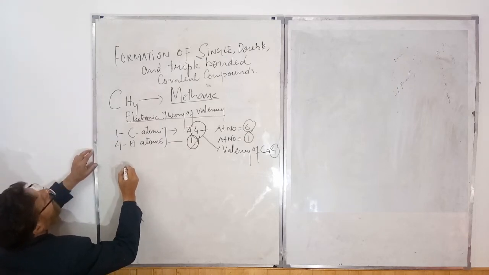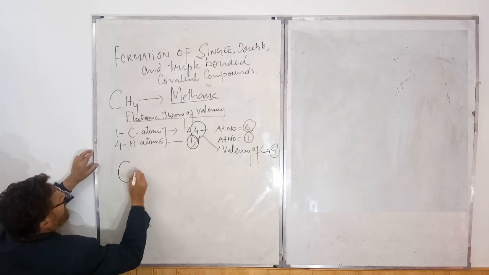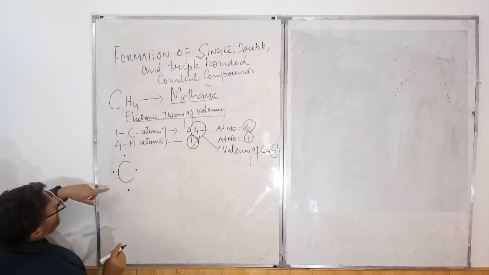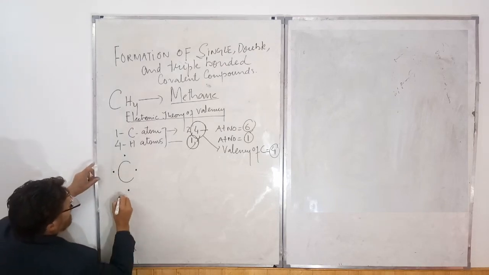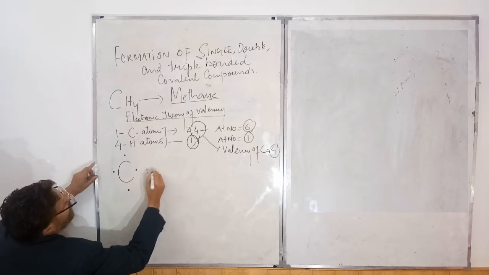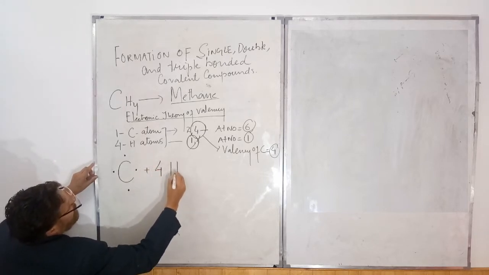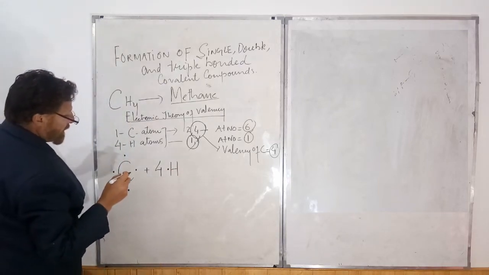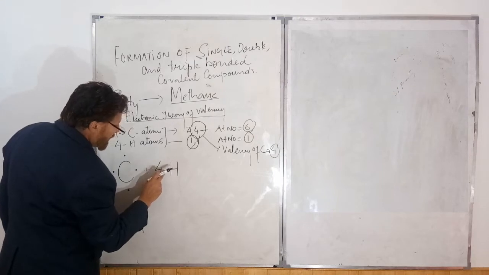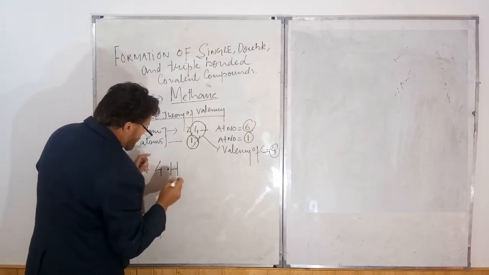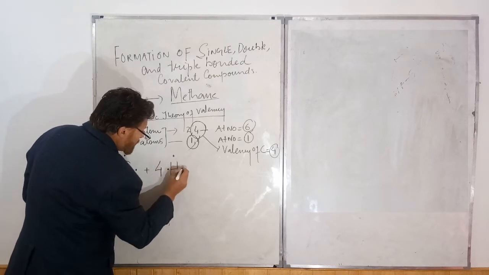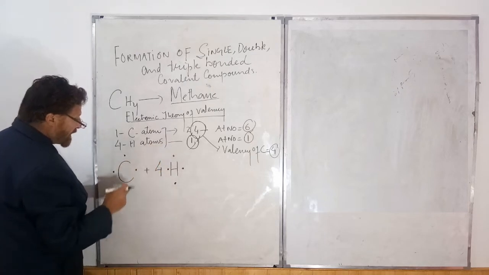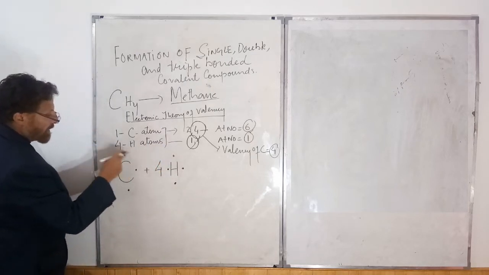Here we can write C with 4 electrons in its outermost shell, plus 4 hydrogens, each with 1 electron in its outermost shell. That means there are 4 electrons from hydrogen and 4 electrons in carbon.